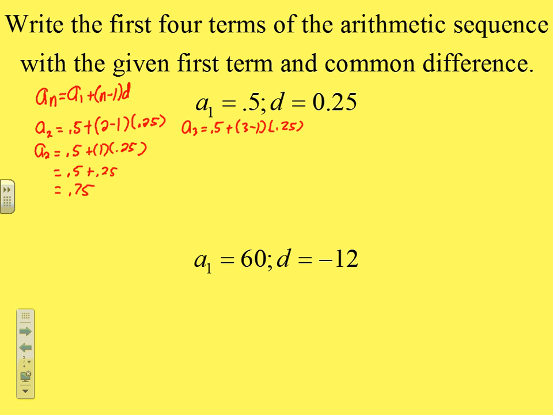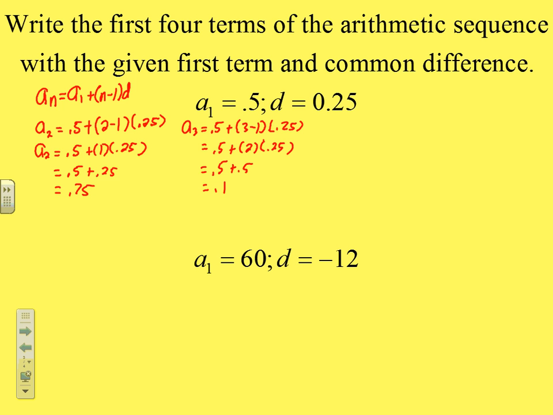And we'll evaluate this one again, see what we get. Well, here what we're going to get if we evaluate it is 0.5 plus 2 times 0.25, well, that gives me 0.5 plus 0.5, which is just 1.